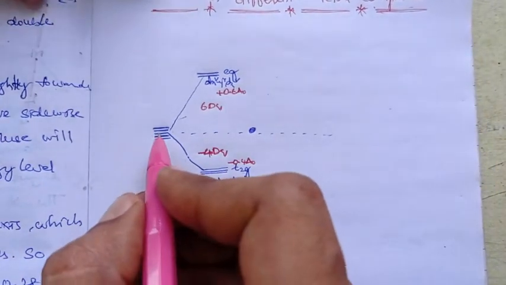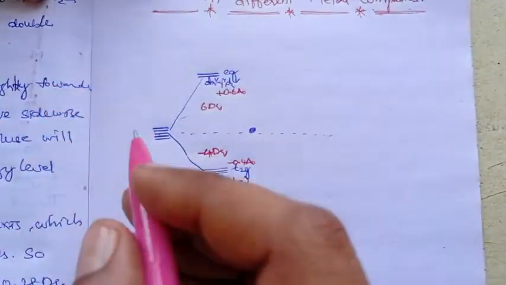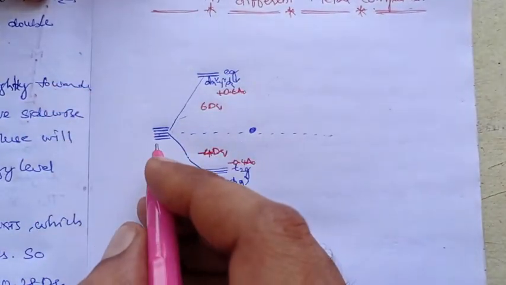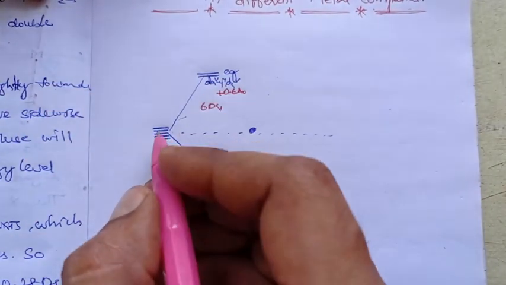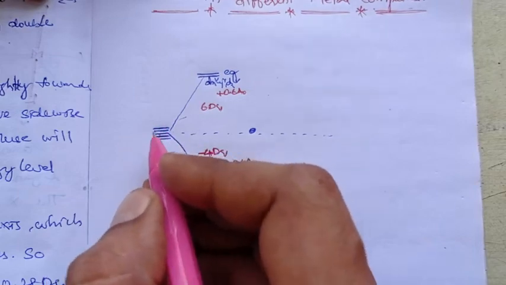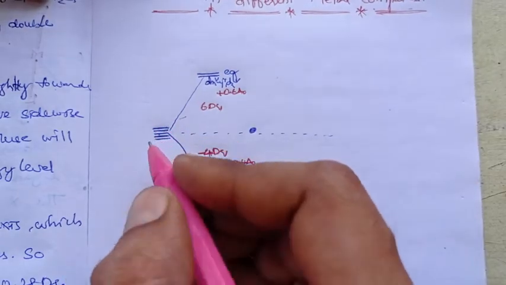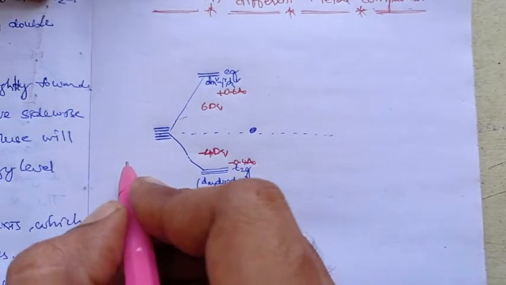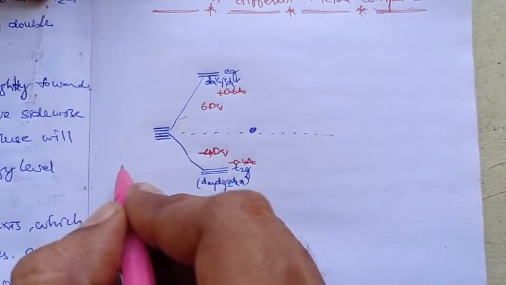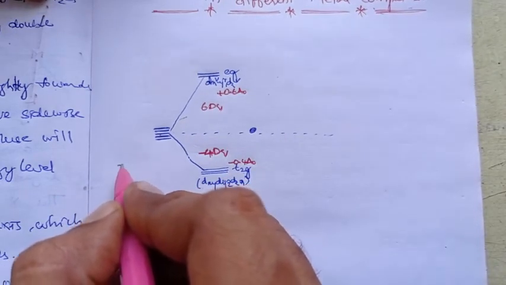When the d orbitals participate in tetrahedral splitting, how do all five d orbitals split? It is slightly the reverse of the octahedral.